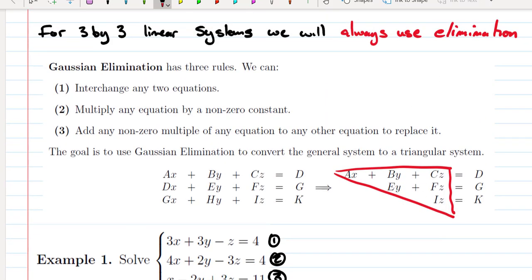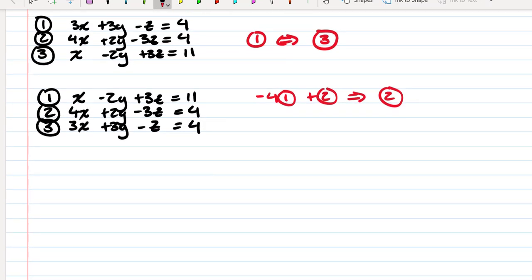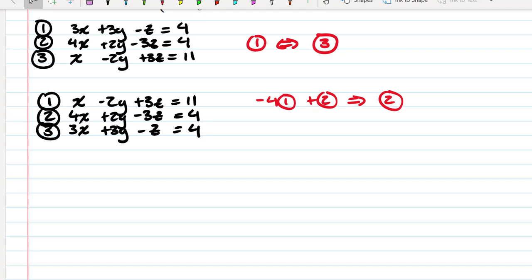So this is my rule number 3 for Gaussian elimination. It says add any non-zero multiple of any equation to any other equation to replace it. So I'm going to multiply equation 1 by negative 4, add it to equation 2 to replace equation 2. When I do this, the only equation that gets replaced is equation 2.